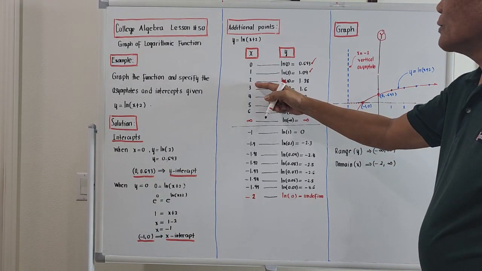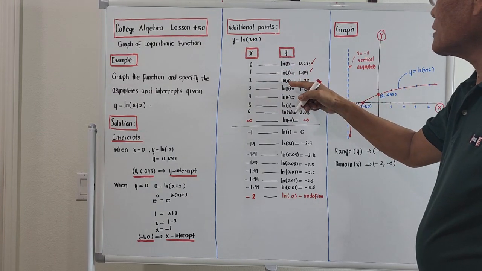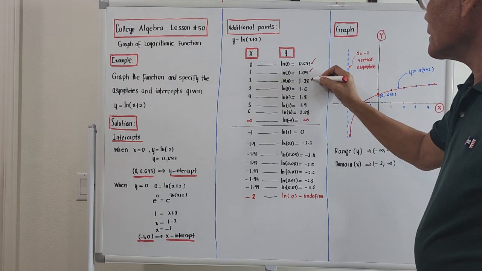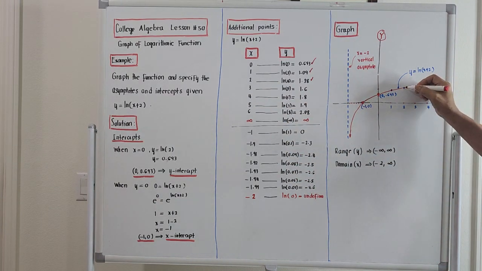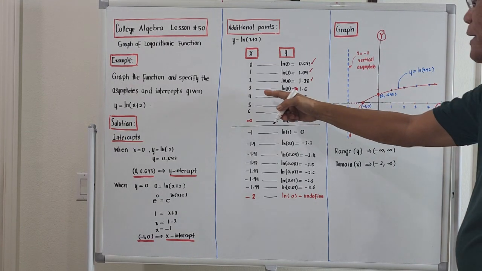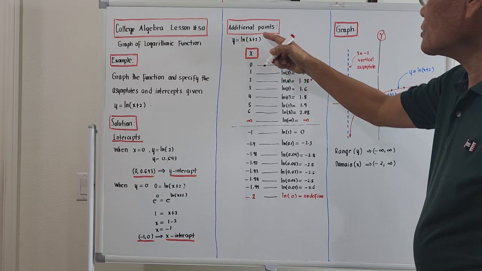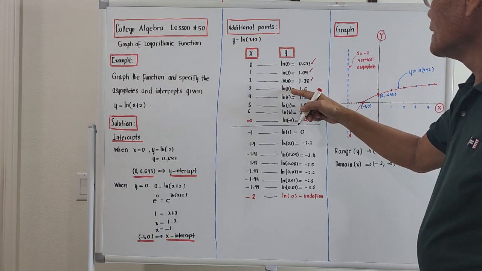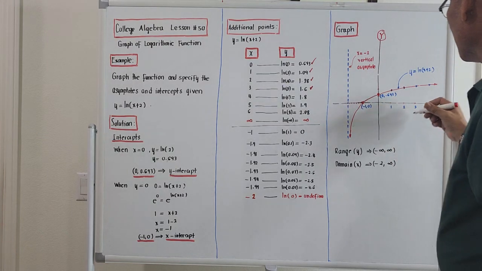When x is equal to 2, y will be the natural logarithm of 4. The natural logarithm of 4 is 1.38. So meaning to say, when x is equal to 2, this will be the value of y, 1.38. When x is equal to 3, y will be the natural logarithm of 3 plus 2, which is 5, and the natural logarithm of 5 is 1.6.